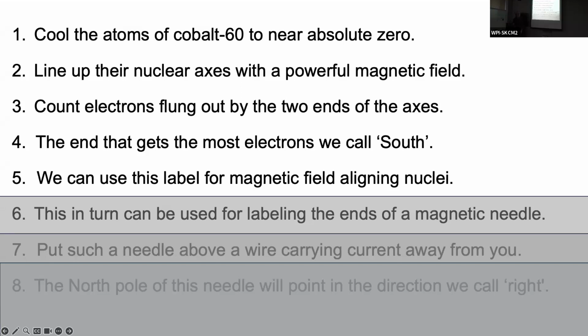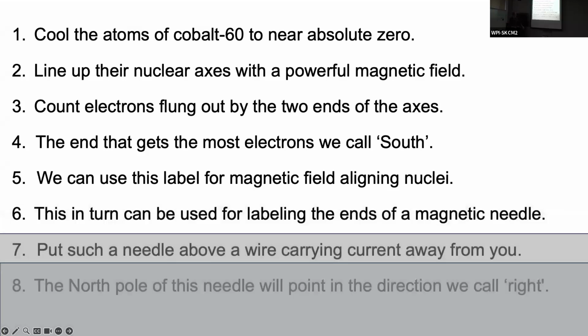So we can then say, go get some iron oxide, fashion it into a needle, and then label the ends of this magnetic lodestone. And then we can say, put a needle above a wire carrying a current away from you.